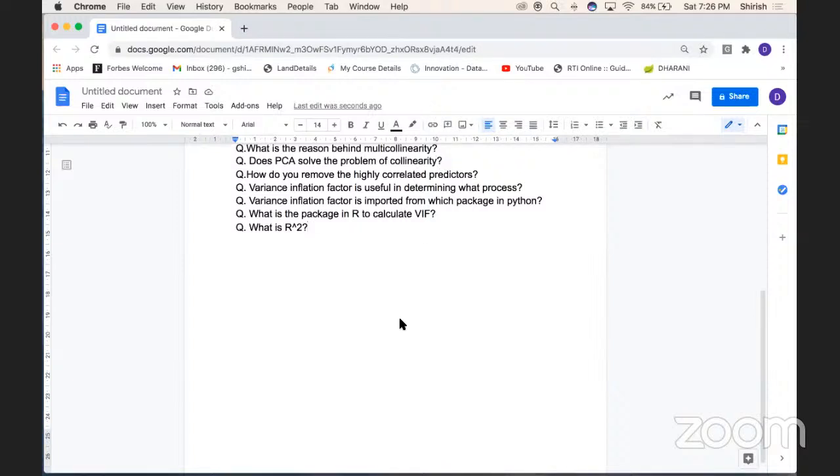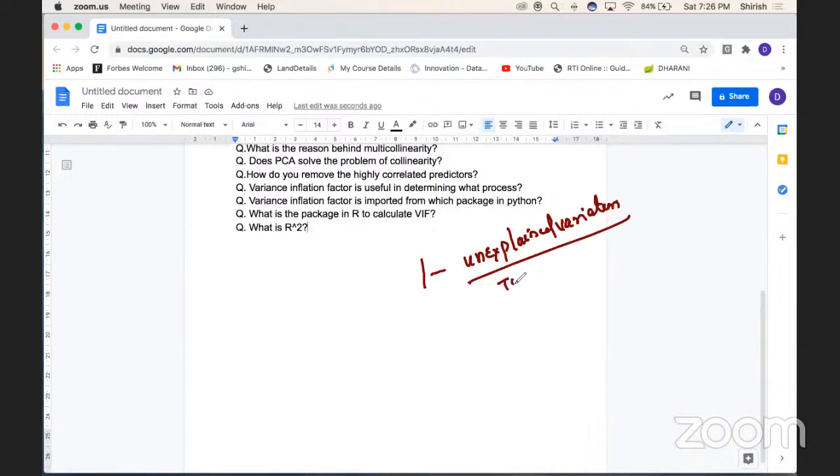So if you try to understand it, it is 1 minus unexplained variation by your total variation, right?